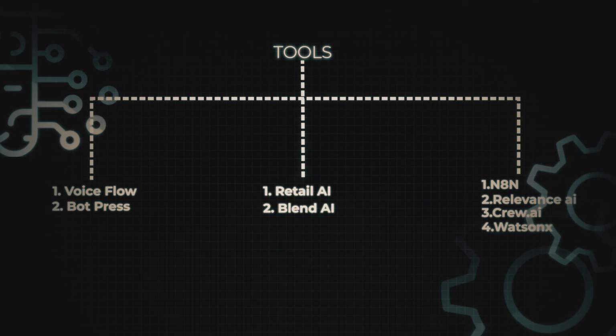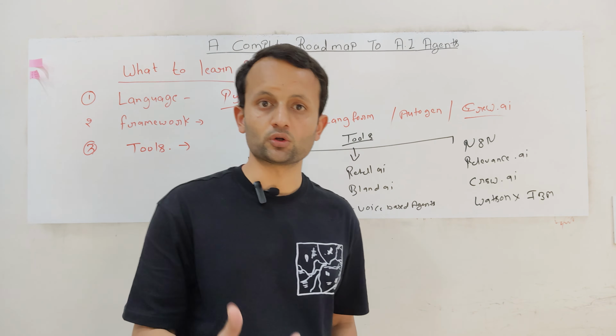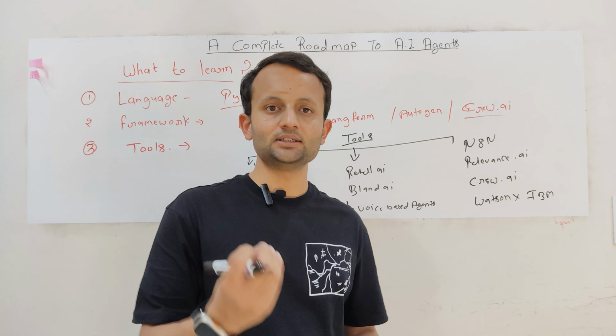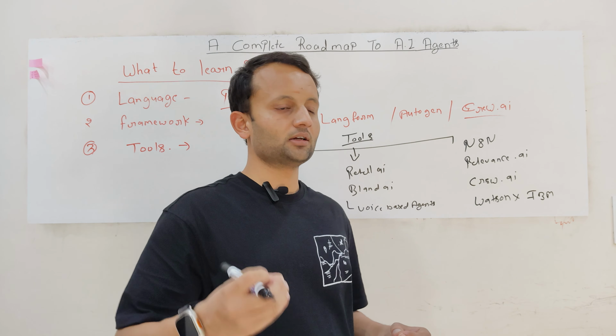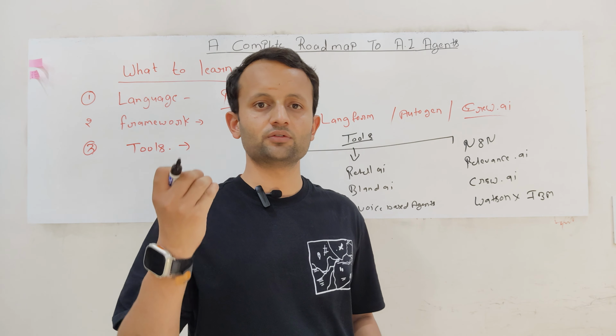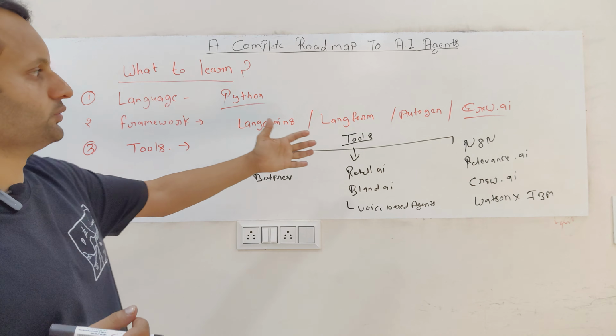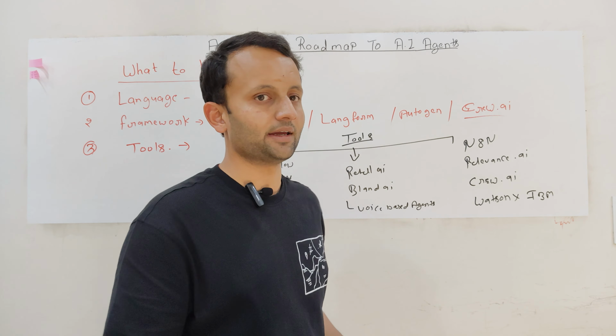So these are the platforms that you can learn to start building AI agents that are autonomous systems, where these agents can use different tools and do operations on behalf of the user. So this is how you can start using these different tools and learning building AI agents.